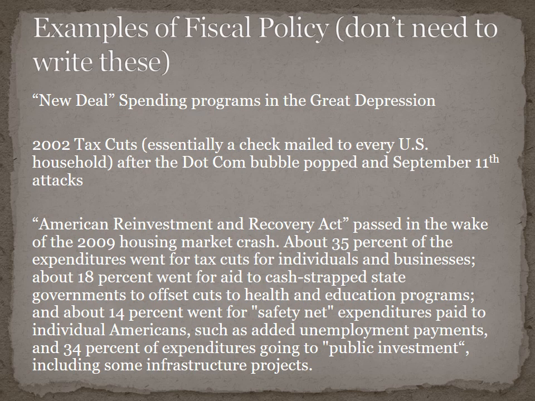Okay, so you don't need to write these, but these are some historical examples of fiscal policies. So in the middle of the Great Depression, Franklin Delano Roosevelt's administration implemented the New Deal spending programs. It's kind of funny.